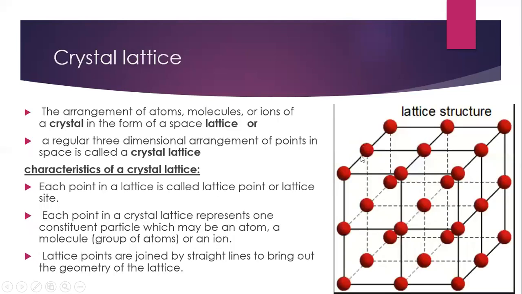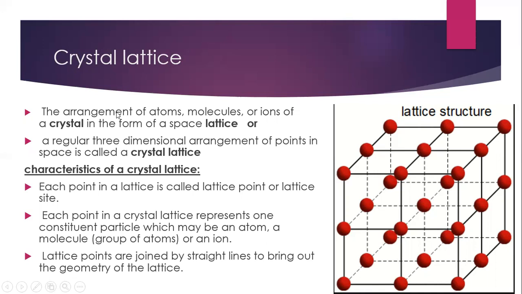If I say this part, this is the smallest portion of the crystal lattice, which is nothing but a unit cell. This unit cell, this cubic part, is repeated over and over again and forms a large structure which is called as a crystal lattice.